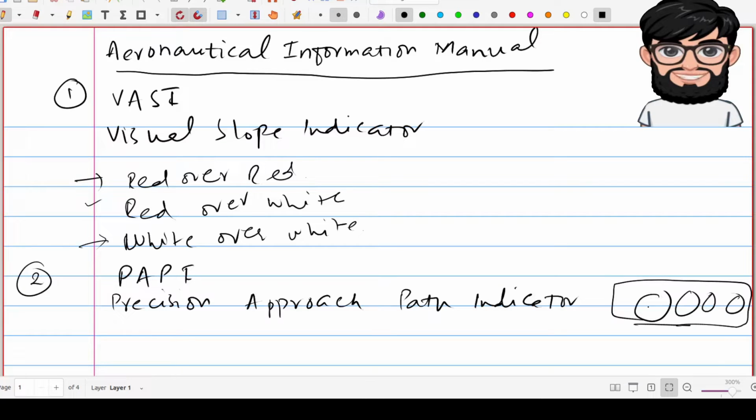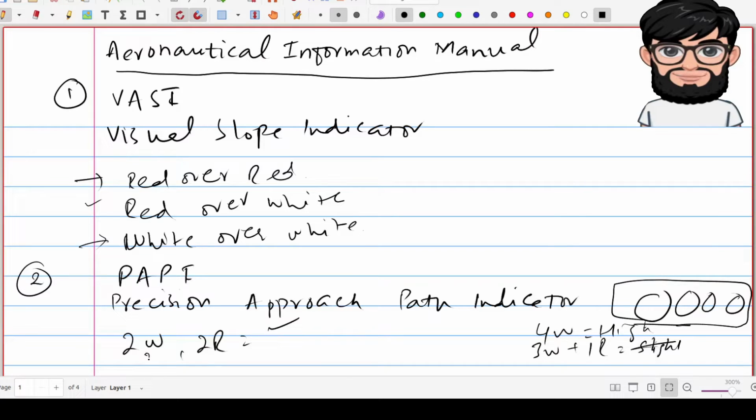If you have 4 white lights, that would definitely mean that you are very high. If you have 3 white and 1 red, that would mean you are slightly high. If it is 2 white and 2 red, that would mean you are on glide path, the perfect one.